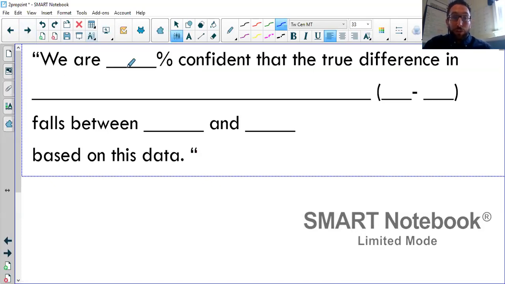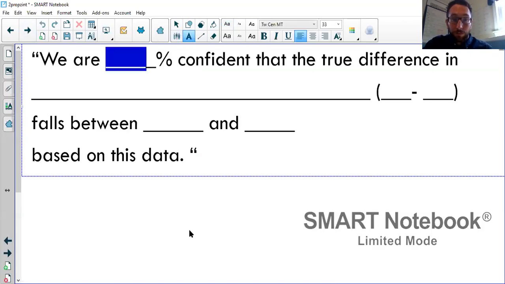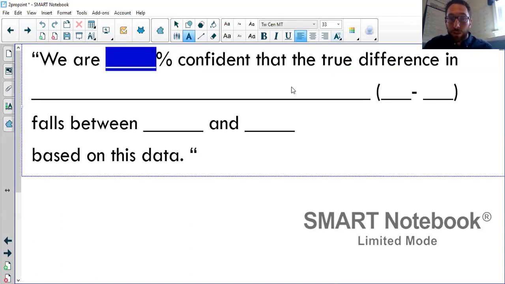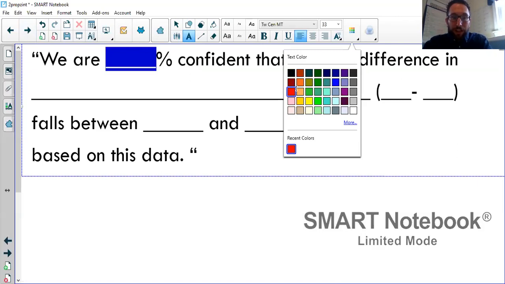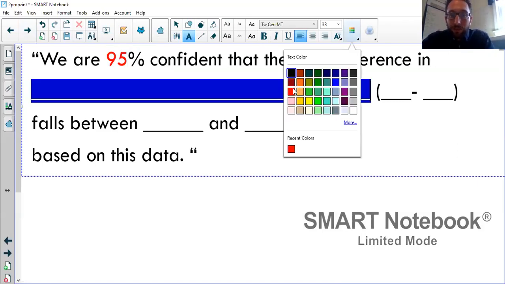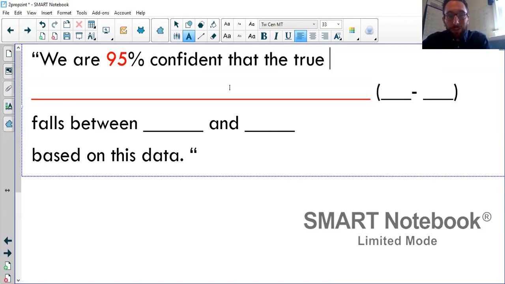And I could start to fill in the blanks. So for us, we are 95% confident that the true difference in, now this right here is really part of this blank.